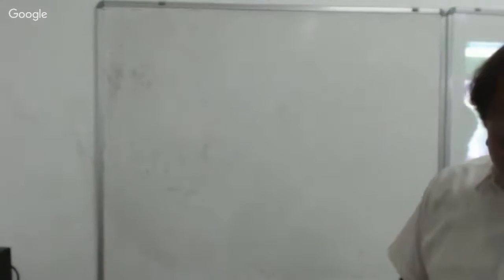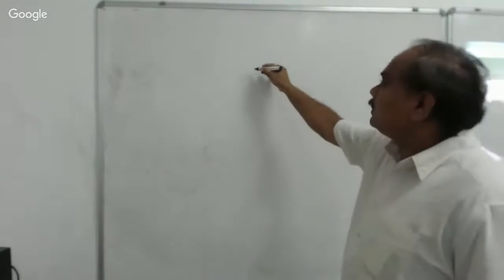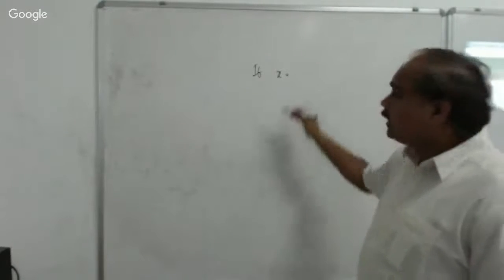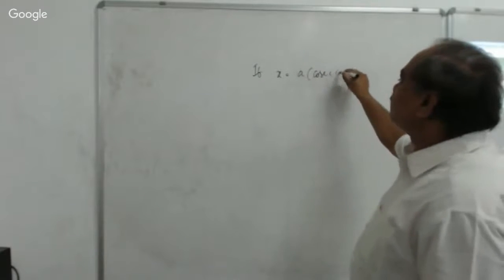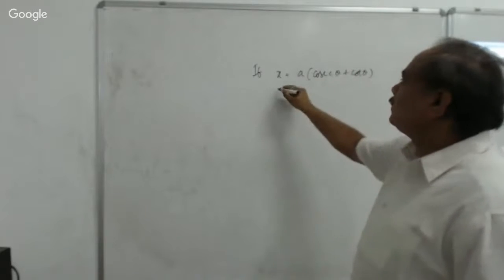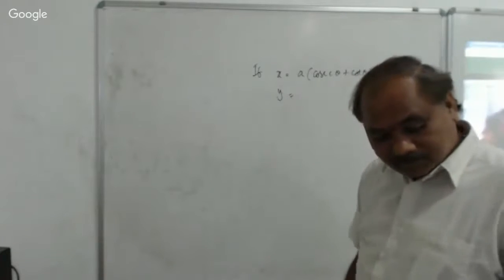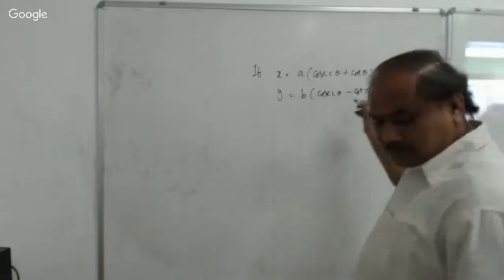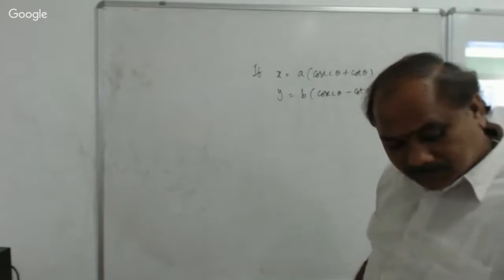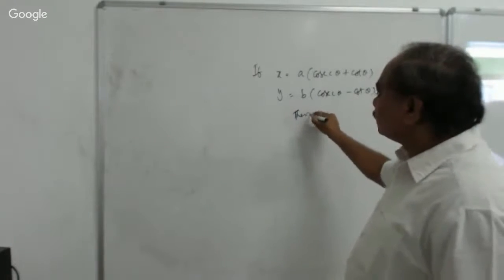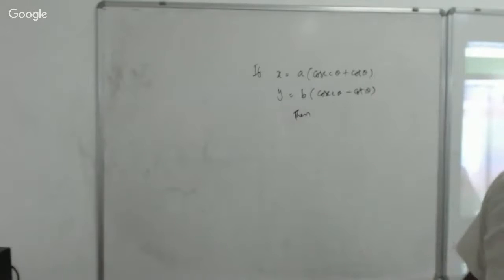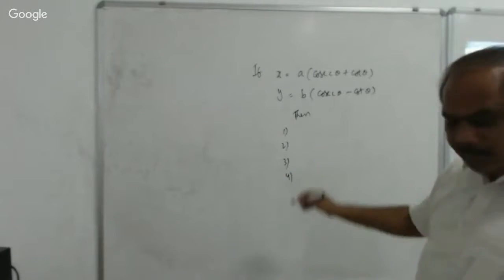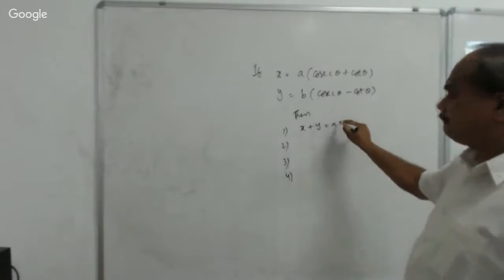Next question. If x equal to a into cosec theta plus cot theta, y equal to b into cosec theta minus cot theta, then: first option, x plus y equal to ab.